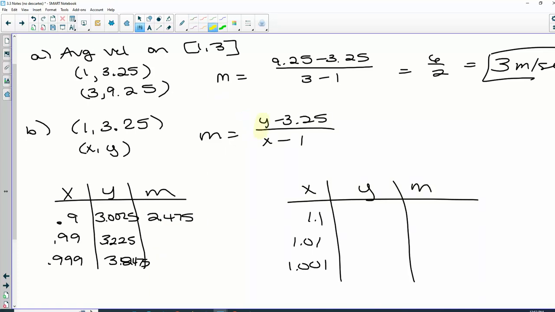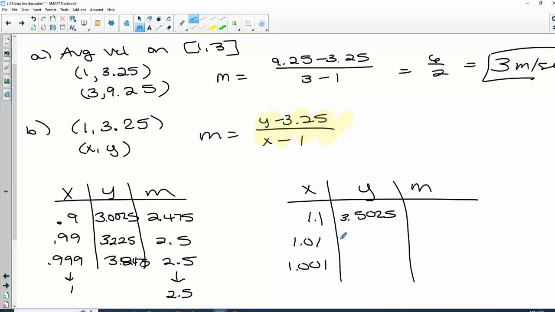Yeah, basically now I'm putting them in here. This would be 2.5, and this one is also 2.5, because I didn't keep a lot of decimal places. So from this side it appears it is approaching 2.5. So we can see when our x's are getting close to 1, the slope is approaching 2.5. Excellent. See, I got this correct, and I didn't even do it right.